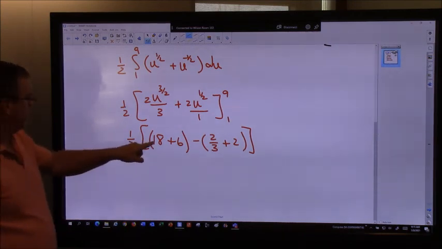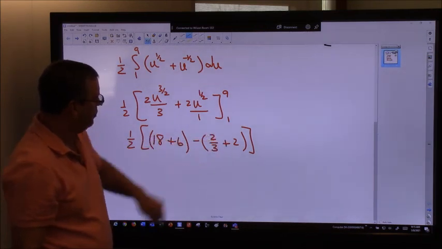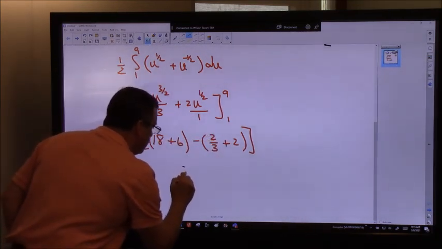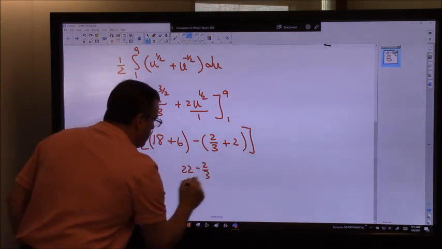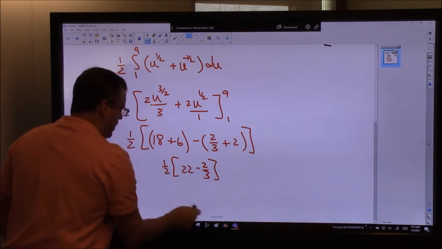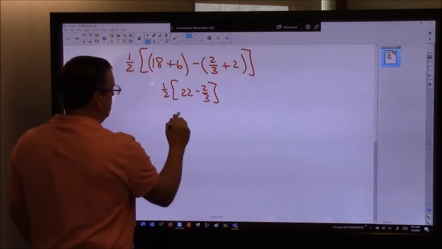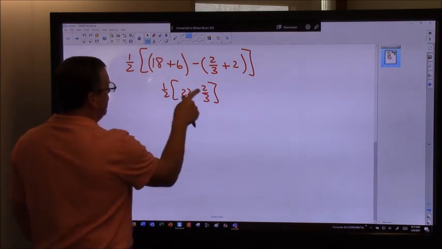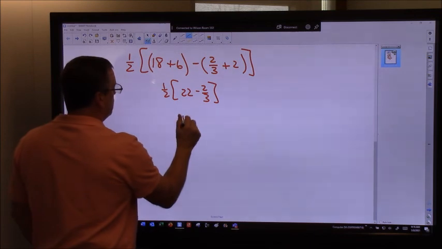Alright, so I got 18 plus 6, that's 24. Minus 2, that's 22. Minus 2/3. Still got to multiply that whole thing times 1/2. So half of that would be 11. 1/2 times this, that would be 2/6, which is the same as 1/3.